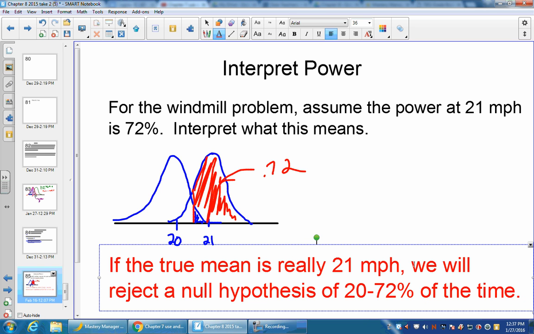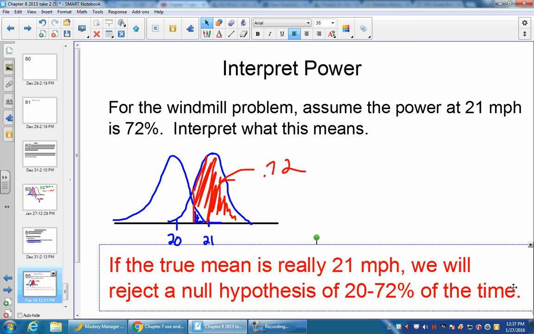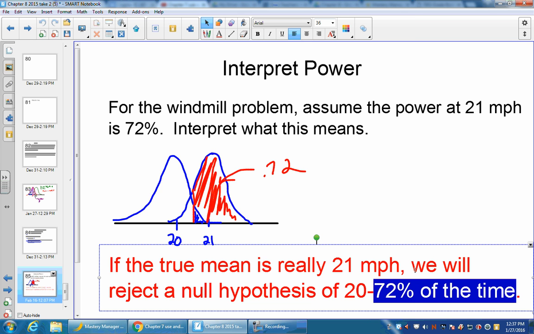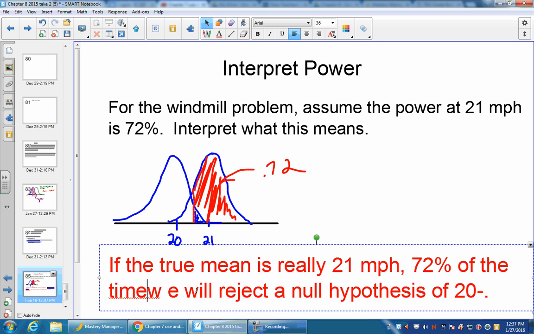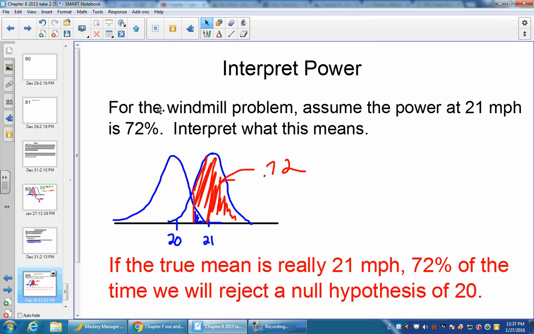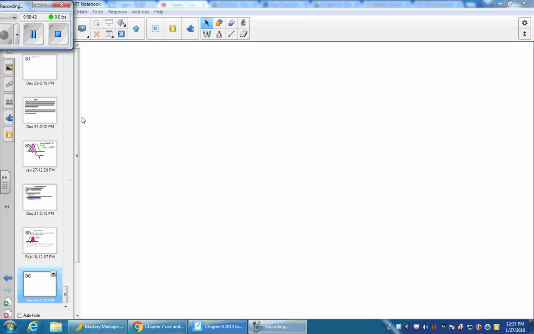Or maybe I should have said 72% of the time we'll reject a null hypothesis of 20. That probably would have been a little bit clearer. All right, now that is power. Hopefully you can finish up.